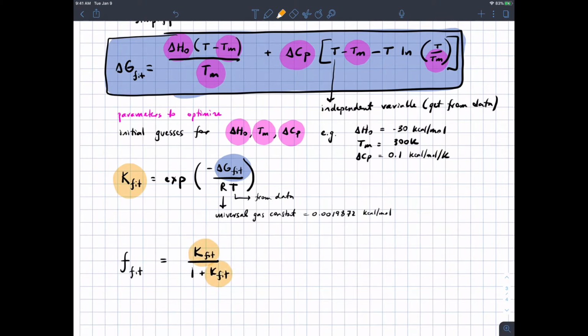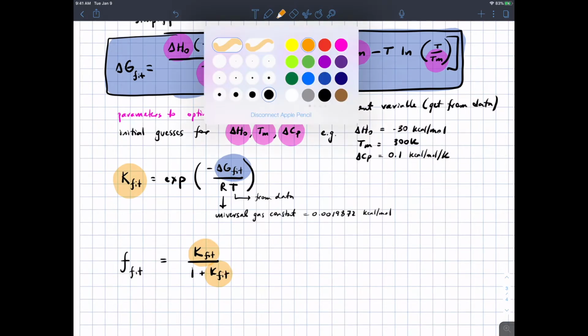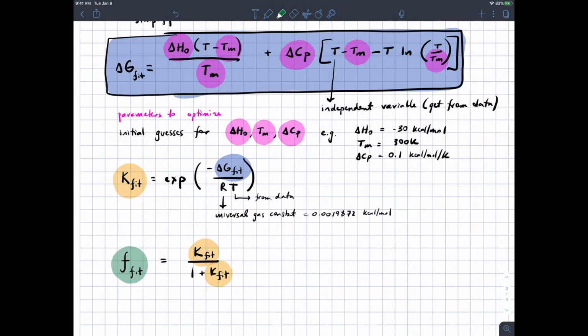So this expression gets plugged into both of those spots, and that allows us to calculate a fitted fraction folded.